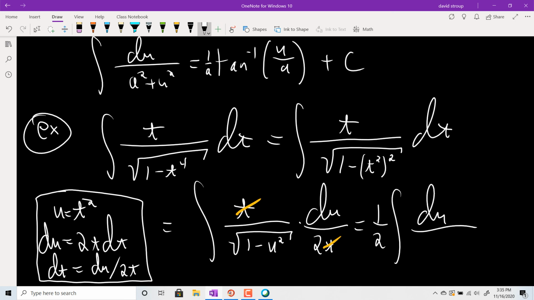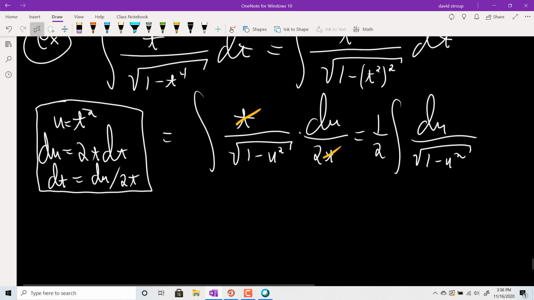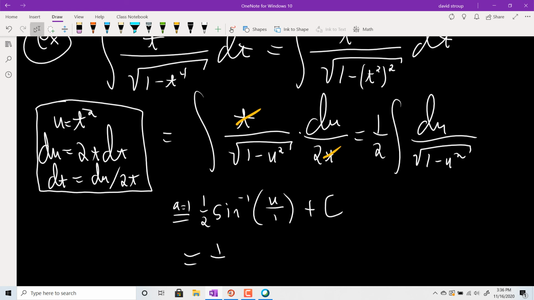And you're left with the formula for arc sine, where the a value is just 1. So we have 1/2, can't forget about that, sine inverse of u all over 1 plus c, and then back subbing, 1/2 sine inverse of t squared over 1, which is just t squared, plus c.